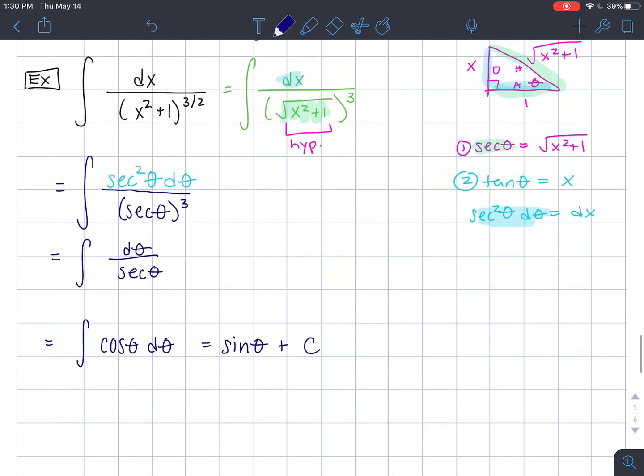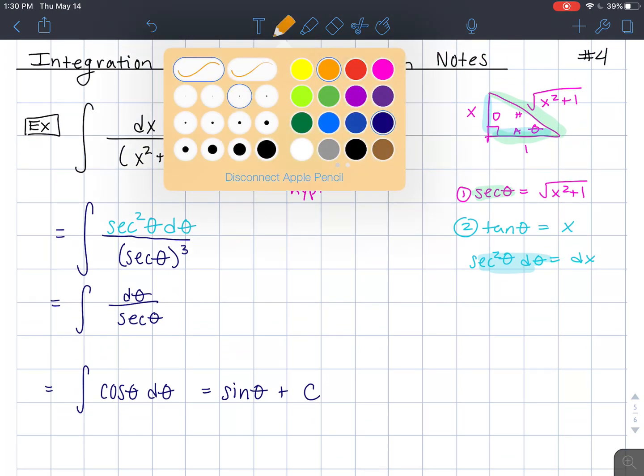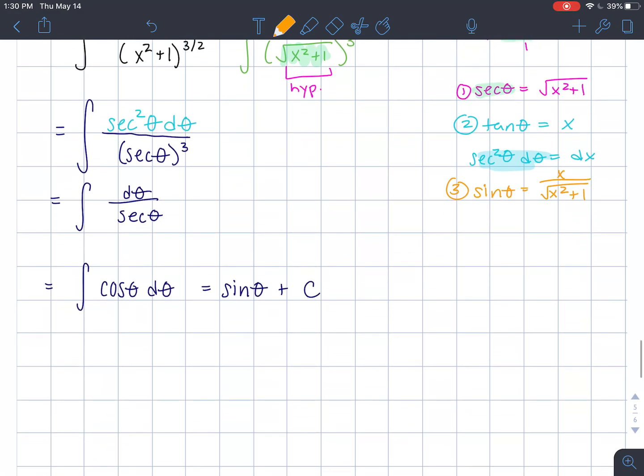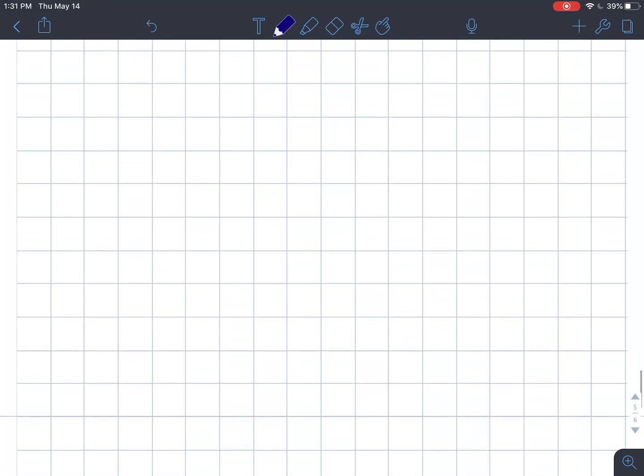Then if we look back at our triangle, the sine of theta in our reference triangle is opposite over hypotenuse, so that's going to be x over the square root of x squared plus 1. So this turns into x over the square root of x squared plus 1, all plus c. So not too bad there. It worked out pretty simply.